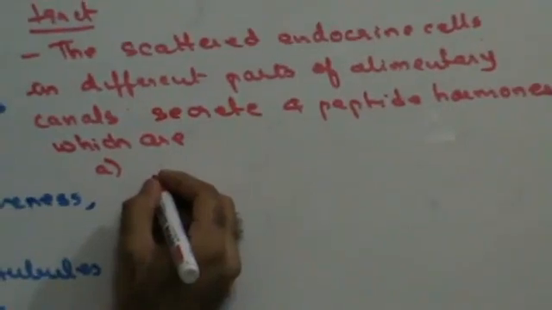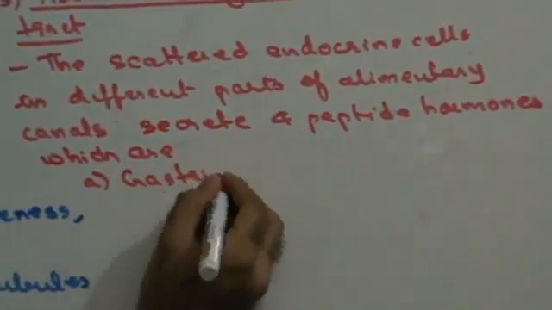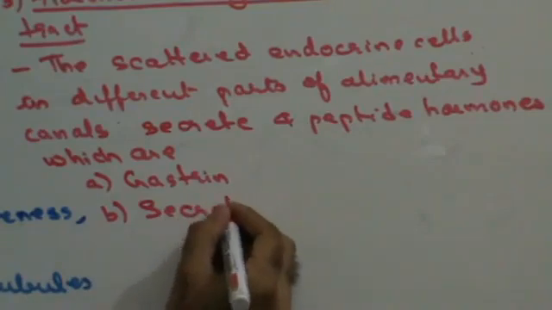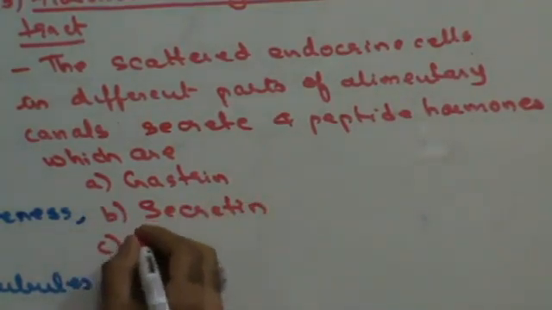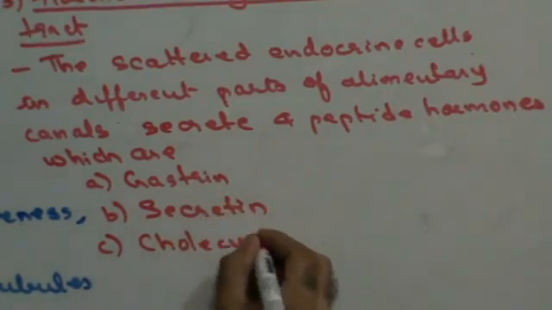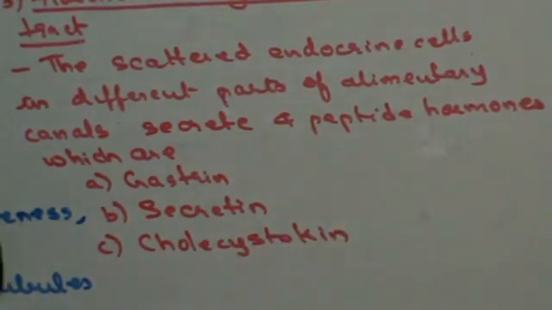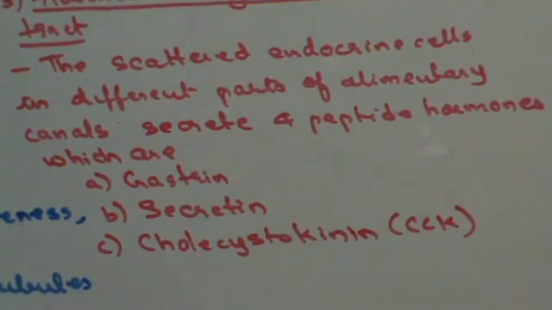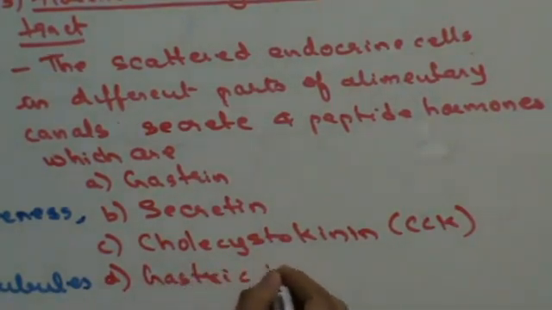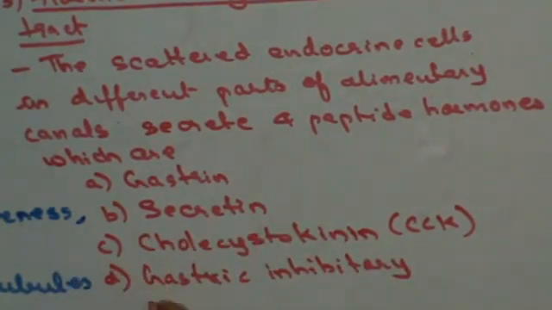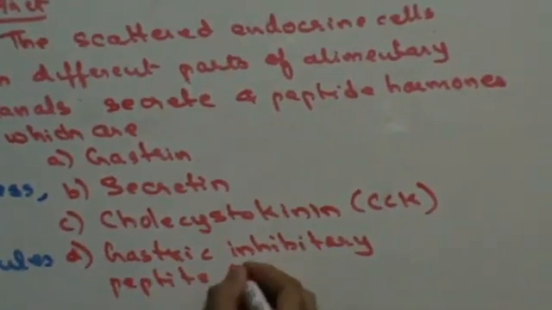First you have gastrin, second you have secretin, third cholecystokinin, which is also called CCK, and last is gastric inhibitory peptide, which is called GIP.